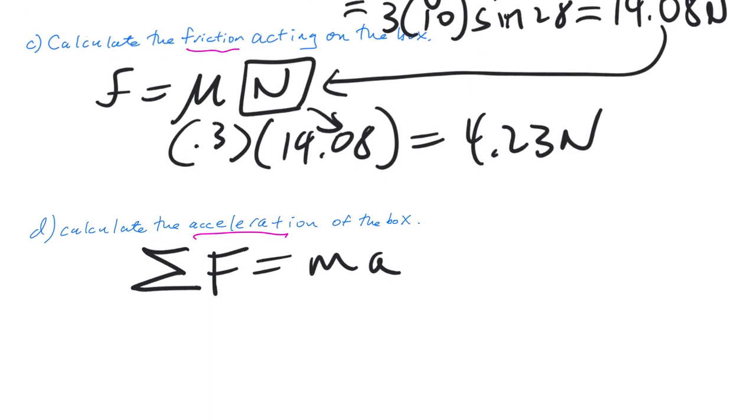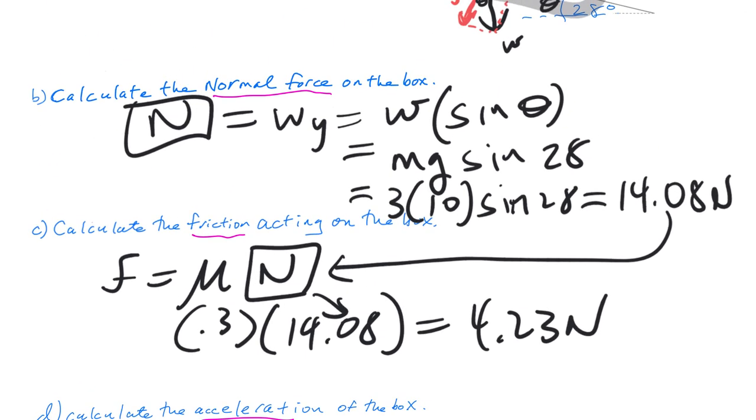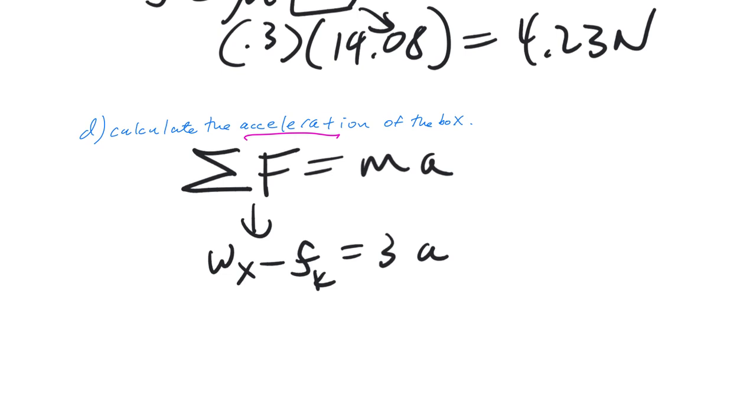So this would be Wx minus the kinetic friction is equal to the mass, 3, times the acceleration. Okay, Wx I don't have yet.